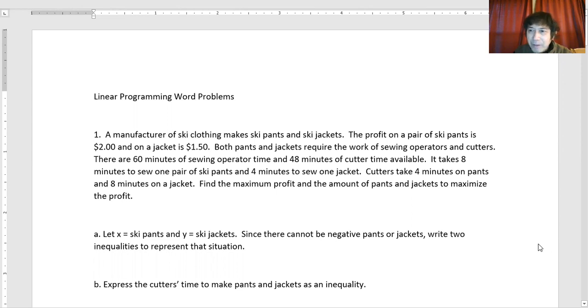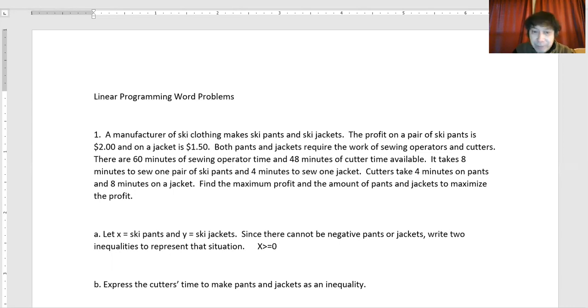All right, letter A: let X equal ski pants and Y equal ski jacket. So we're going to use the variable X and the variable Y. Since there cannot be negative pants or jackets, write two inequalities to represent the situation. Since there will be no negative, we can use X greater than or equal to 0.